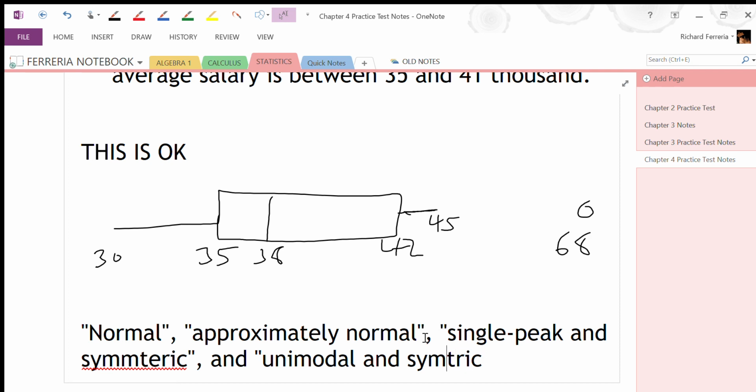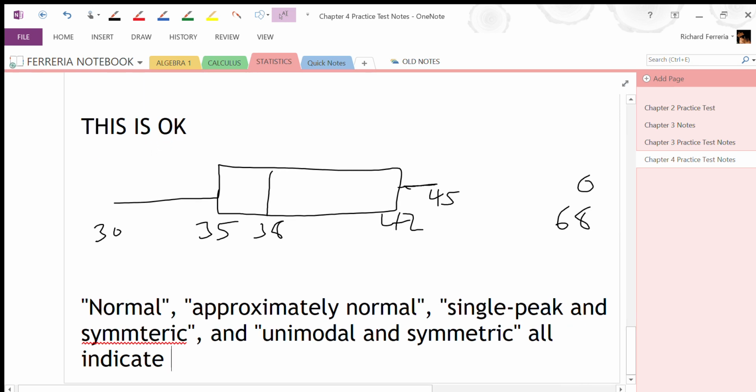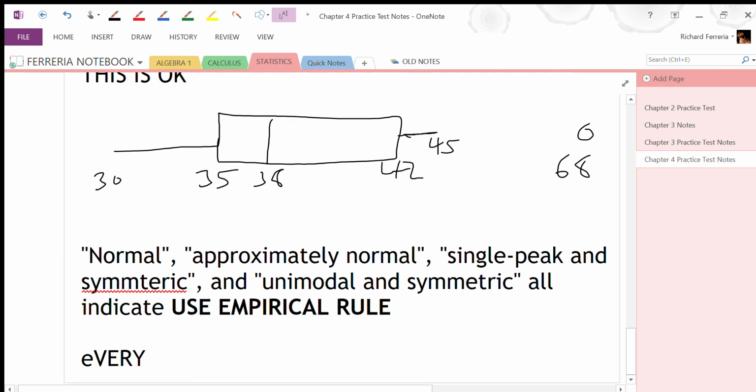They all mean use the empirical rule. Everything else is Chebyshev.